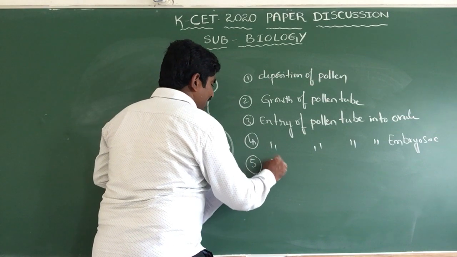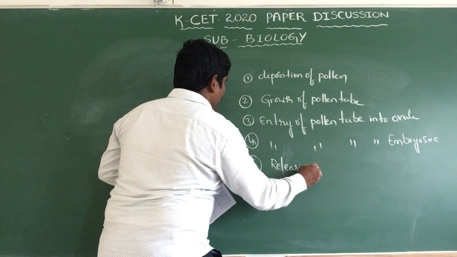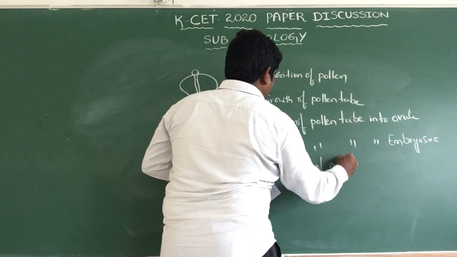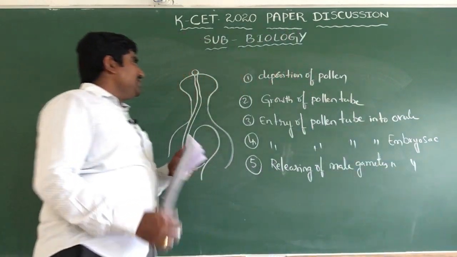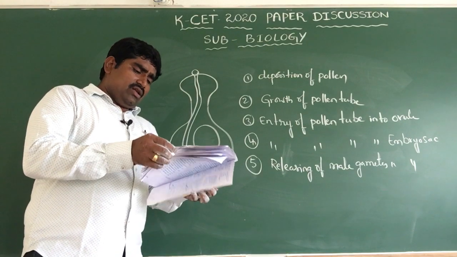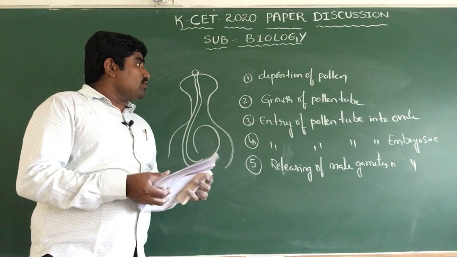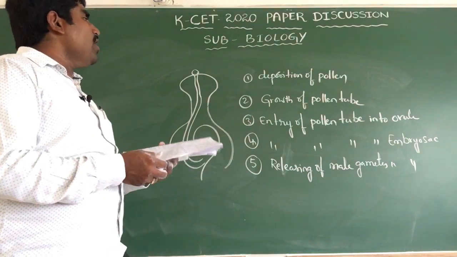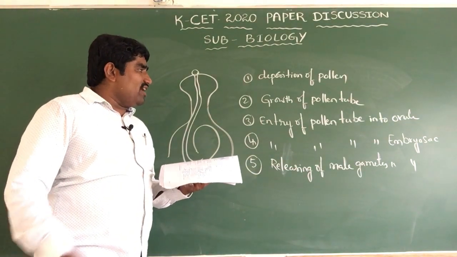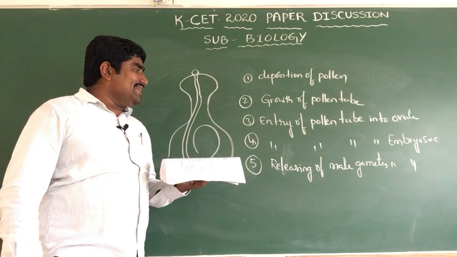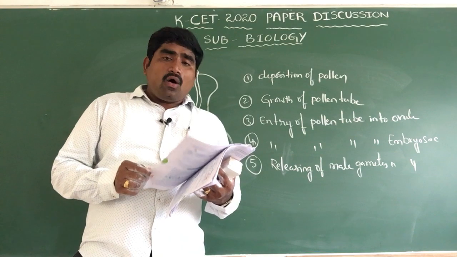So the next one is release of male gametes in the embryo sac. So this is the order: deposition of pollen grains on the stigma, growth of the pollen tube, entry of the pollen tube into the ovule, entry into the embryo sac, and finally release of male gametes in the embryo sac. Clear or not? So this is the order.